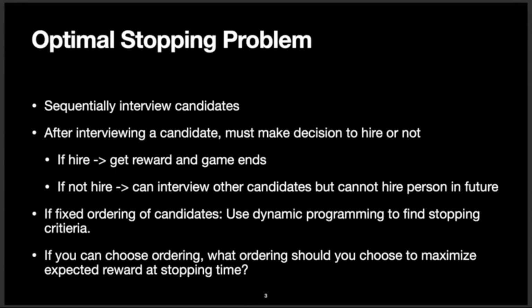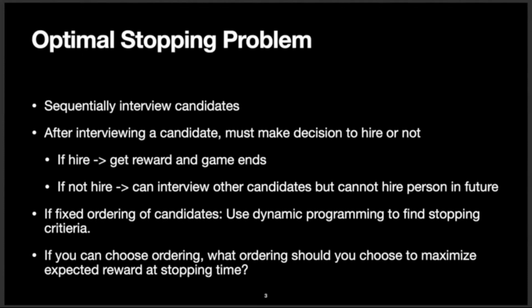Now, if the order of candidates is fixed, so suppose there are 3 candidates, candidate 1, candidate 2, candidate 3, and they have to come in this order, then it's optimal to use DP to find the stopping criteria. The stopping criteria here is the decision whether to hire the candidate or not. For example, in this 3 candidate case, after you interview the first candidate, if the quality of this candidate is higher than what you would expect from the other 2 candidates, then you would accept this candidate.